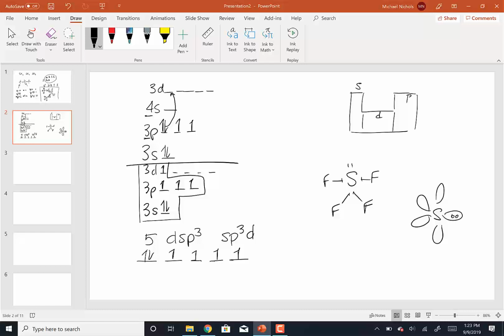Okay. So we put the lone pair there, then we would take our fluorine, our sp3 hybridized fluorines, and then we can go ahead and sort of sketch out the picture like this. And then again, there'd be lone pairs all the way around.